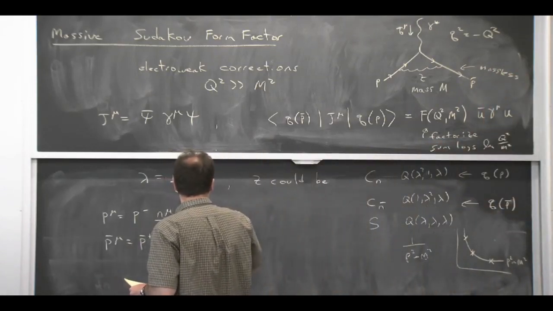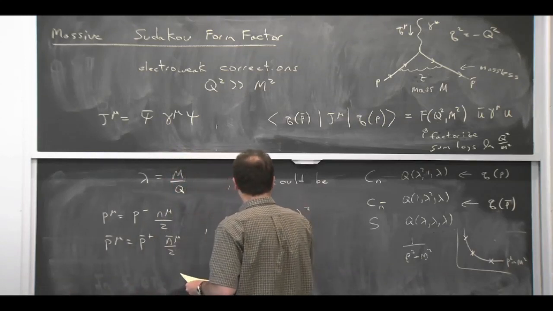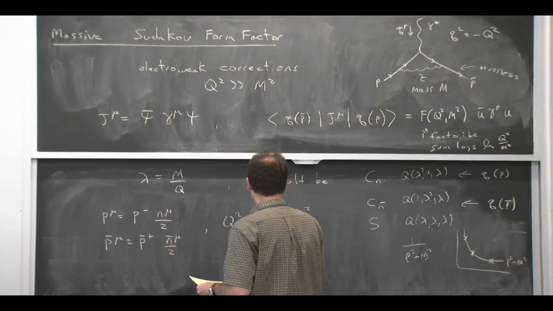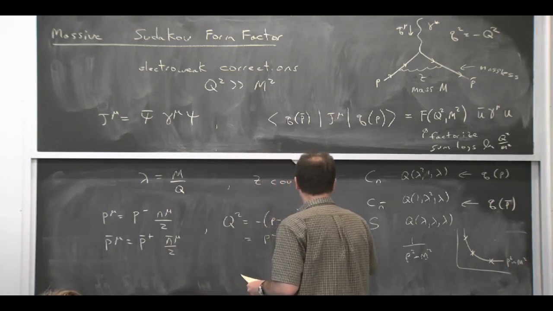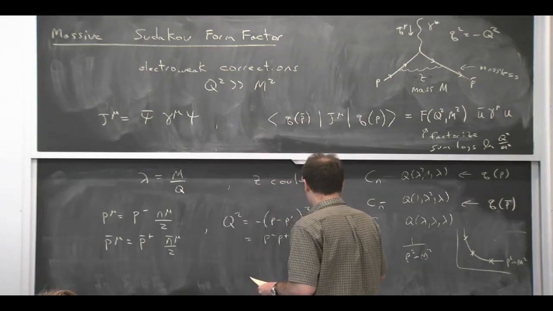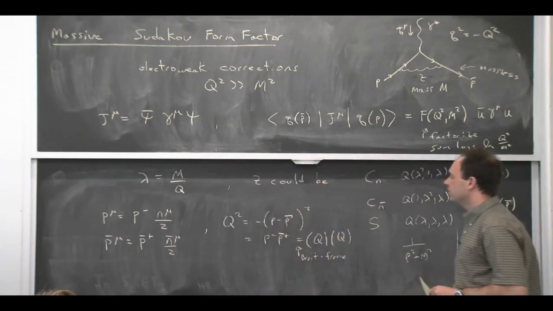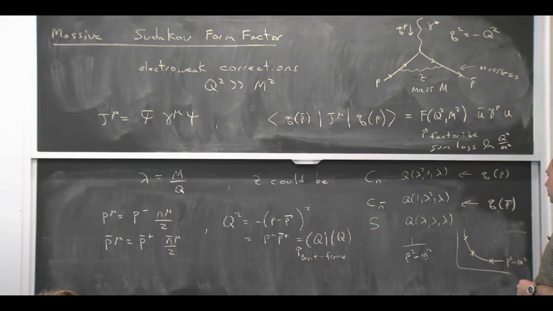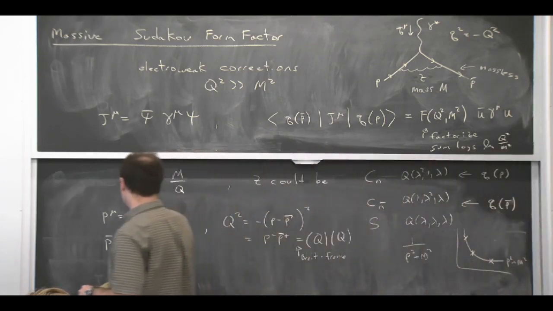And if you go through the kinematics, q squared, which is minus p prime squared, if you square that, you just find it's p minus p plus. And if we pick the bright frame, which is what we're going to do, each one of those is separately q. The large components are just fixed to both be q.